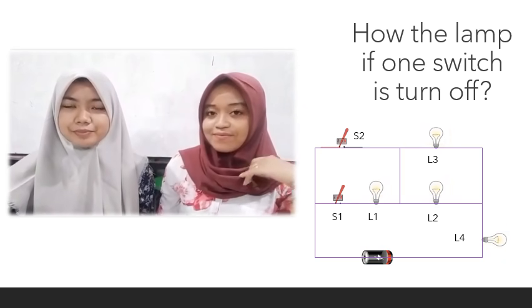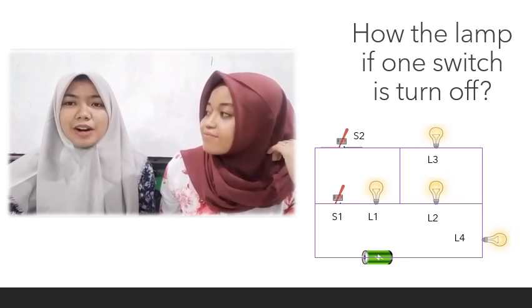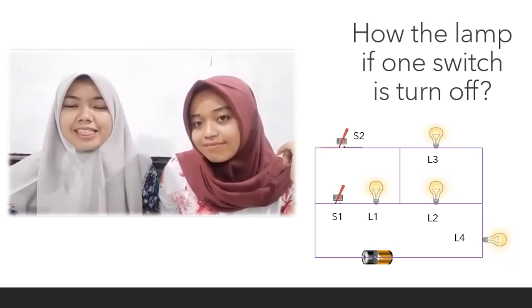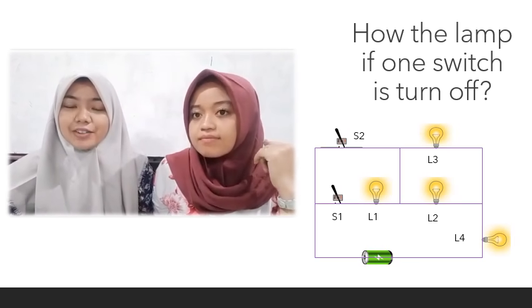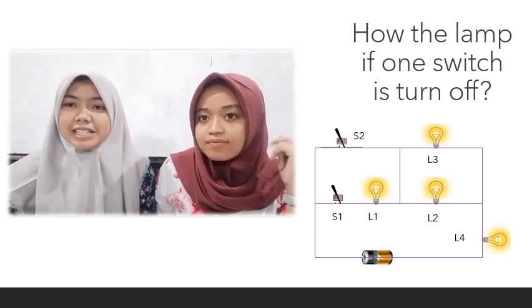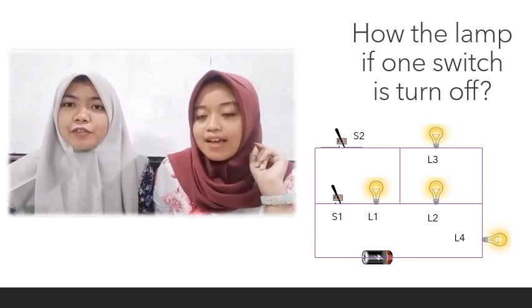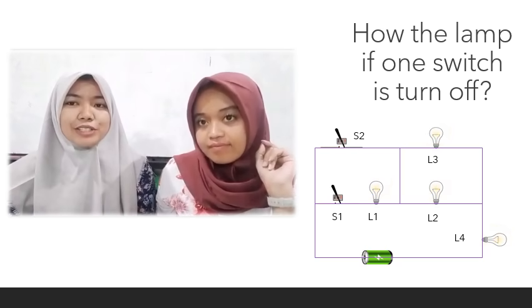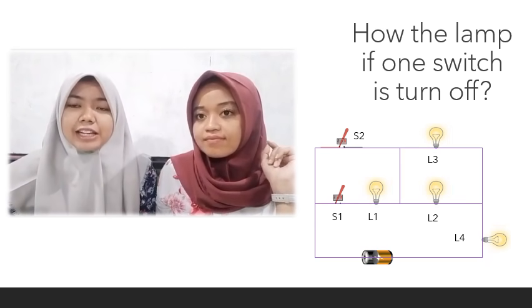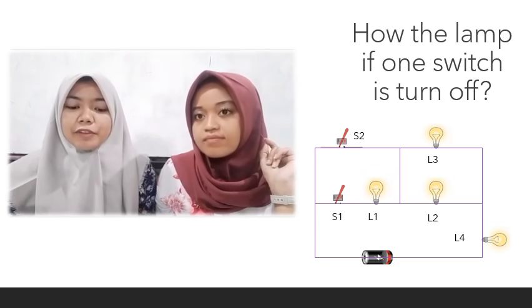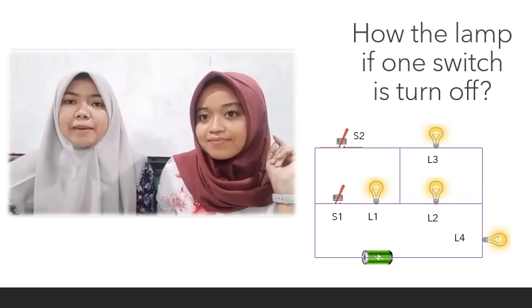Okay. When switch 1 is turned on and switch 2 is turned off, the electric current will flow from the electric source, from the negative pole to the positive pole. From the electric source, the current flows to lamp 1.